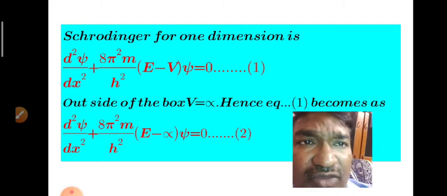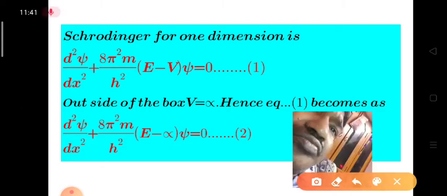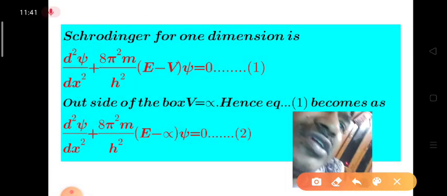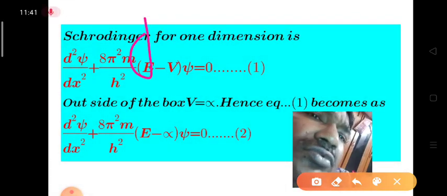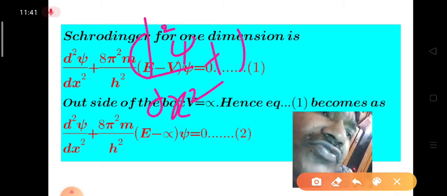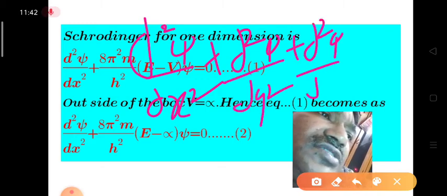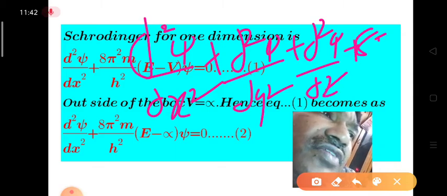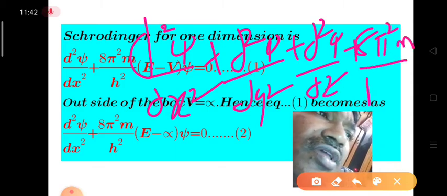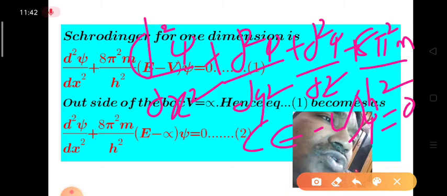Now we know the Schrodinger equation because we have already derived it. The Schrodinger equation is like this: d square psi by dx square plus d square psi by dy square plus d square psi by dz square plus 8 pi square m by h square into (E minus V) into psi is equal to 0.